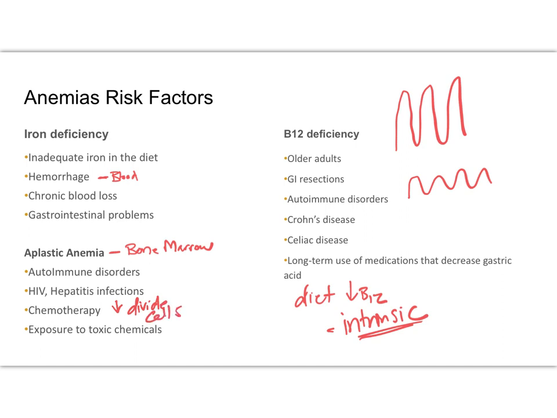It targets things that rapidly divide, and our bone marrow is one of those areas. Okay. So how we treat an anemia depends upon what's causing the anemia.